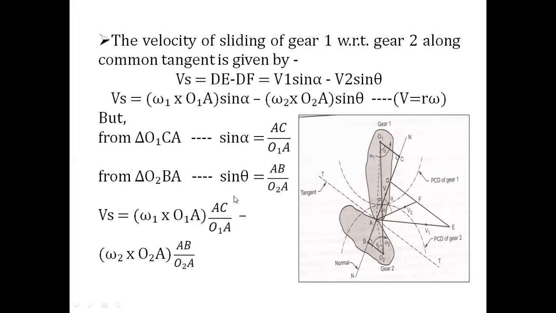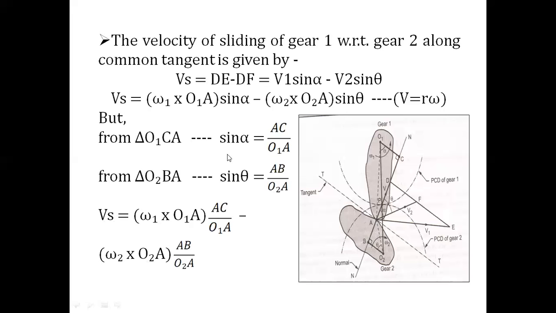Similarly, from triangle O2BA, in which there is the point of contact A, sine theta is equal to AB divided by the radius O2A, the opposite side AB divided by the hypotenuse AO2.